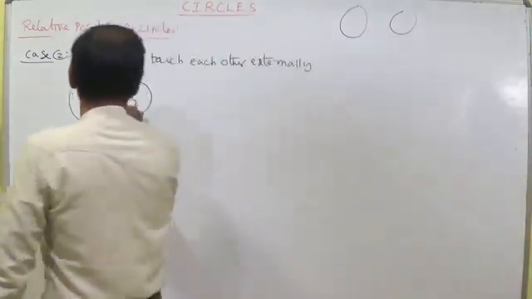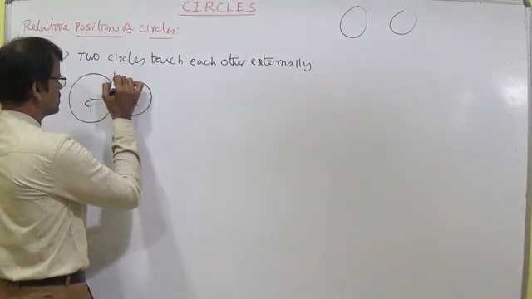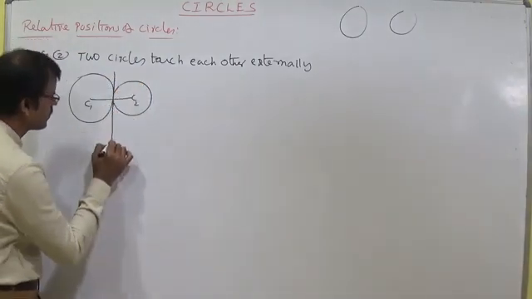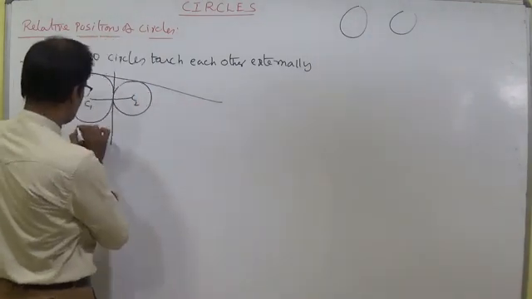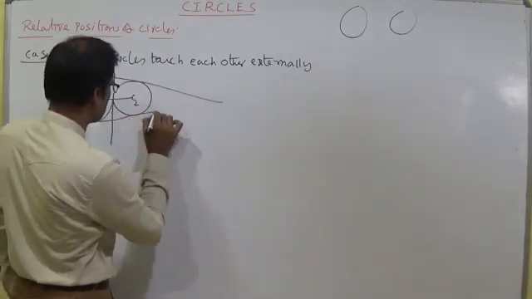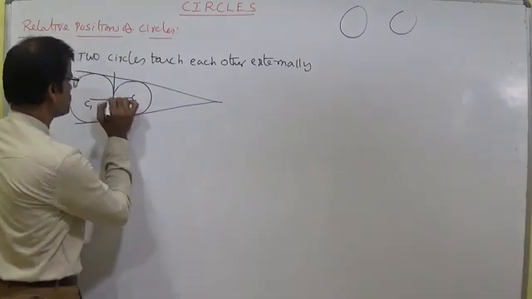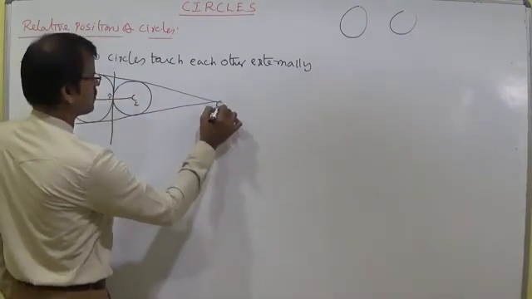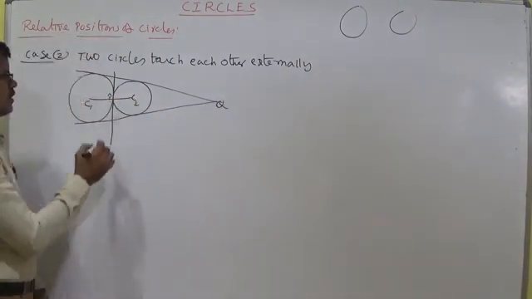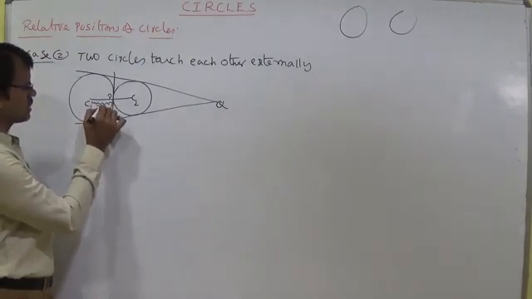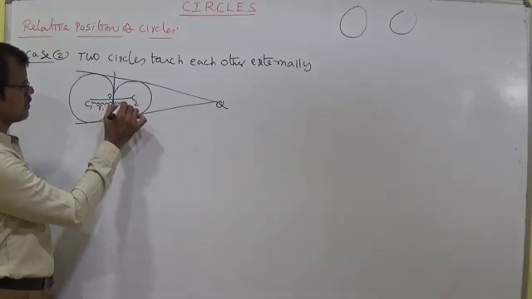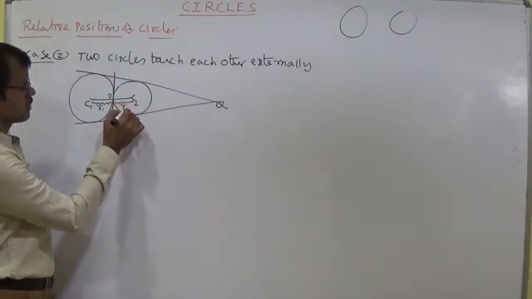C1C2. Draw a tangent like this, and draw like this. This is P, this is Q. From the center to any point of the circle is called the radius, this is R1. From the center to any point of the circle is called the radius, this is R2.